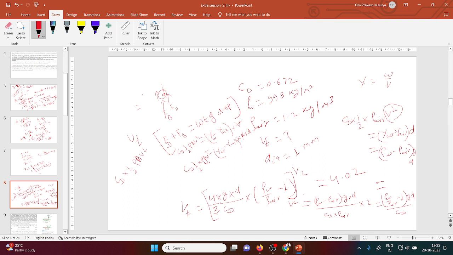We will use this formula for the calculation of terminal velocity. The actual derivation is like this.